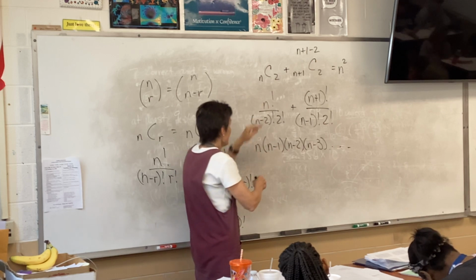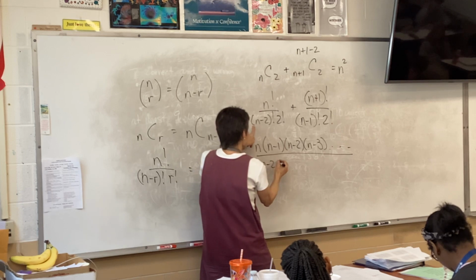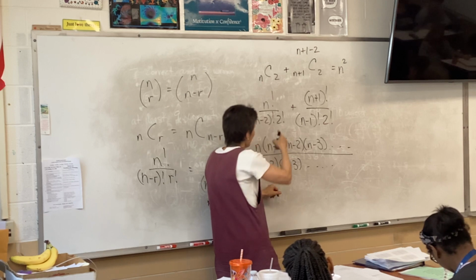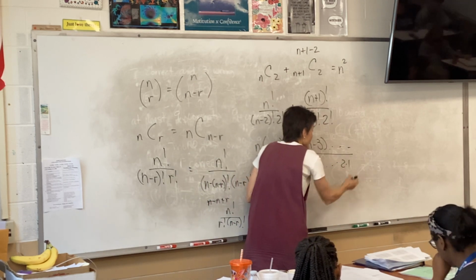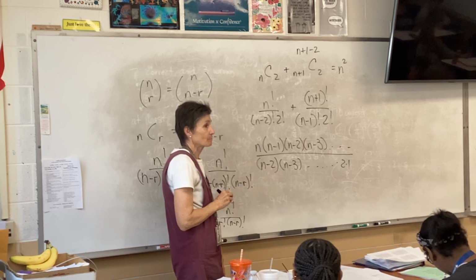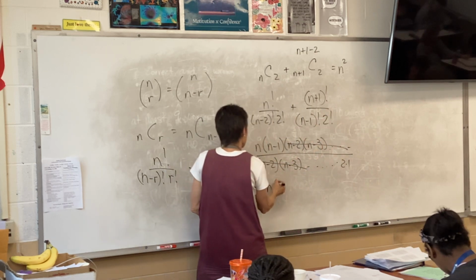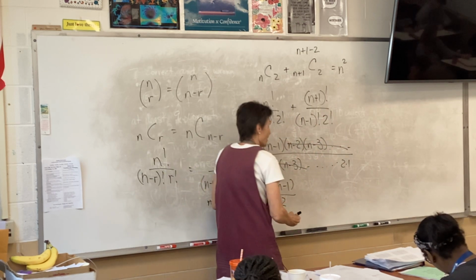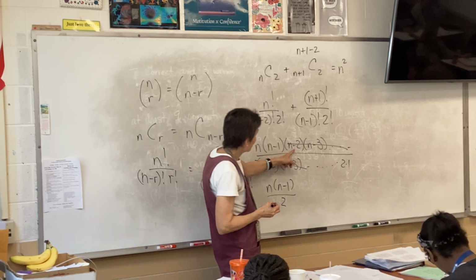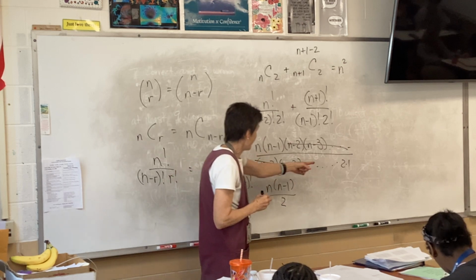So what is this? That's n minus 2, n minus 3, dot, dot, dot. And then 2 times 1. Now what happens in that mess? A whole bunch of stuff cancels, and you are left with this. That's all that's left, because everything from the n minus 2 on is going to cancel. So you have those 2, and then you're over 2.